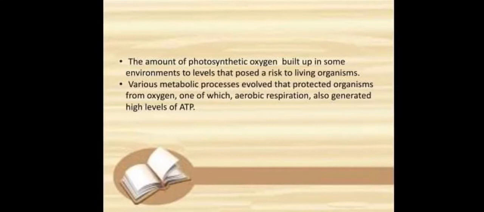Oxygen levels similar to today's levels only arose within the last 700 million years. Recall that the first fossils that we believe to be eukaryotes date to about 2 billion years old, so they appeared as oxygen levels were increasing.